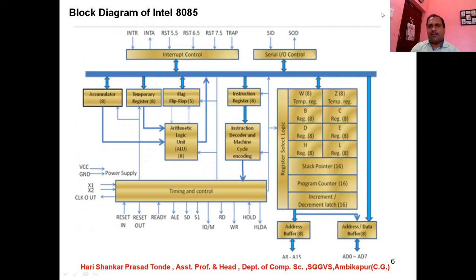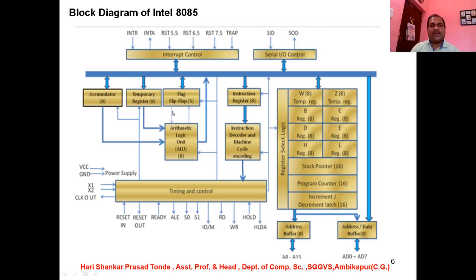So students, this is the block diagram of the microprocessor 8085. As we all know, this is very important. This is the interrupt control, this is the serial input output control, and this line shows the bus so that data is communicated from one place to another. These are the various registers used for communication purposes.